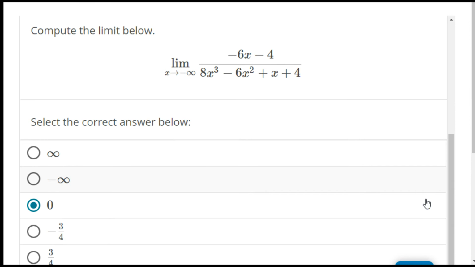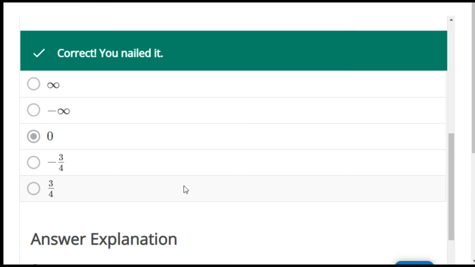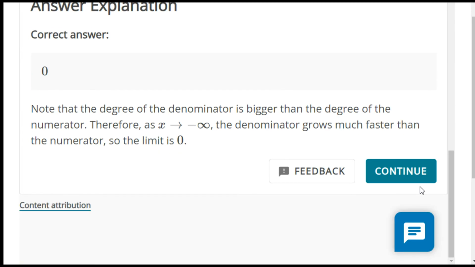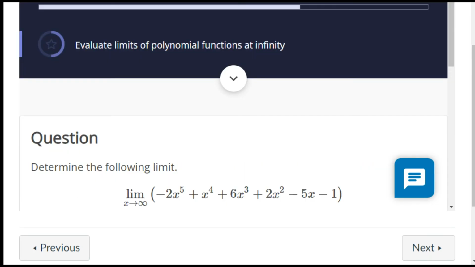It gets bigger way quicker than the numerator, so that denominator starts to explode, and the numerator is a laggard, and that makes the whole function get closer to 0 as x gets bigger and bigger.